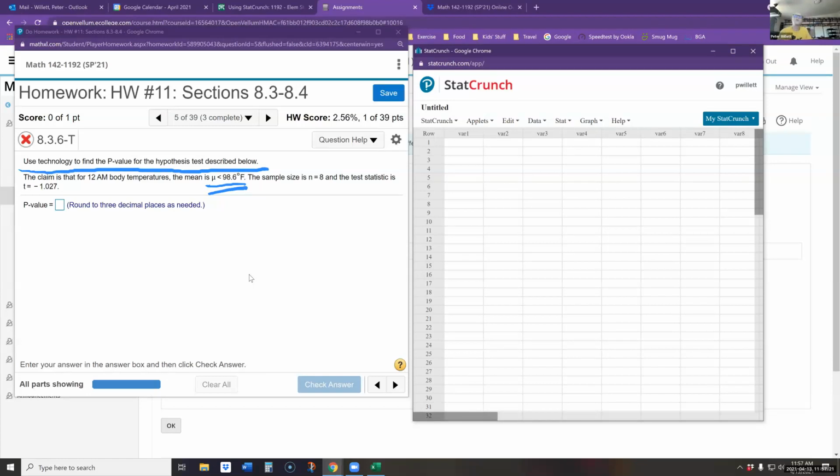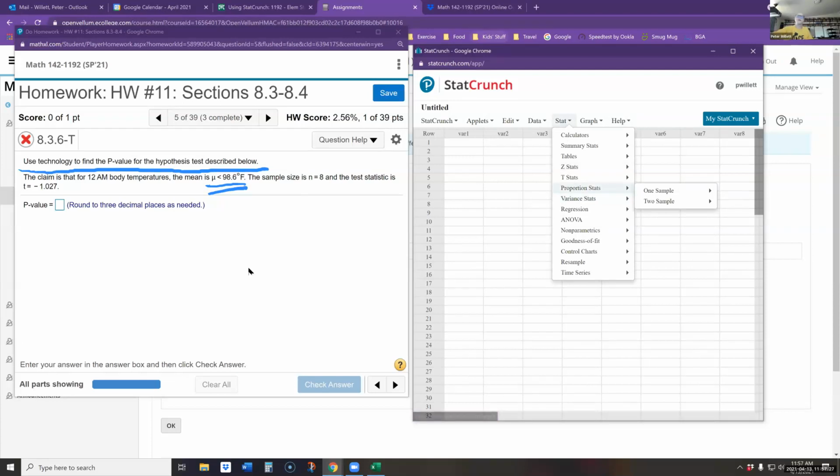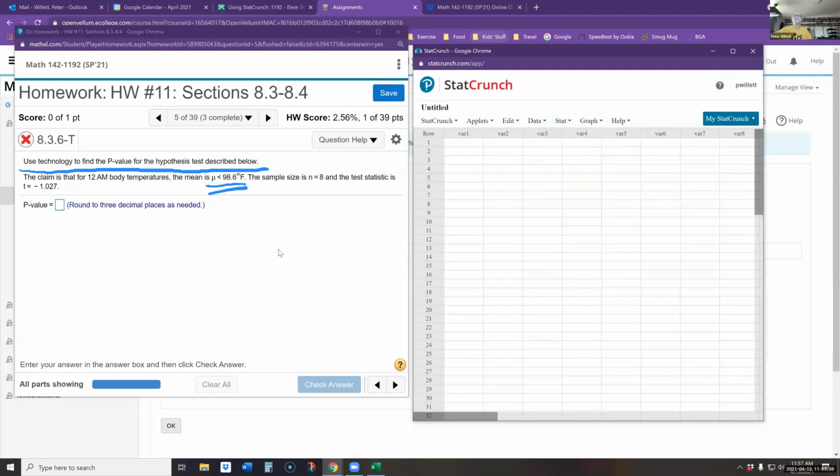All right, so what do we normally do with that tool? When I pull up that tool and I plug in that information about the sample, it normally provides us with 2 things, as I was just circling on the slides. It provides us with the t statistic and the p-value. Remember, the test statistic is the statistic from the sample.